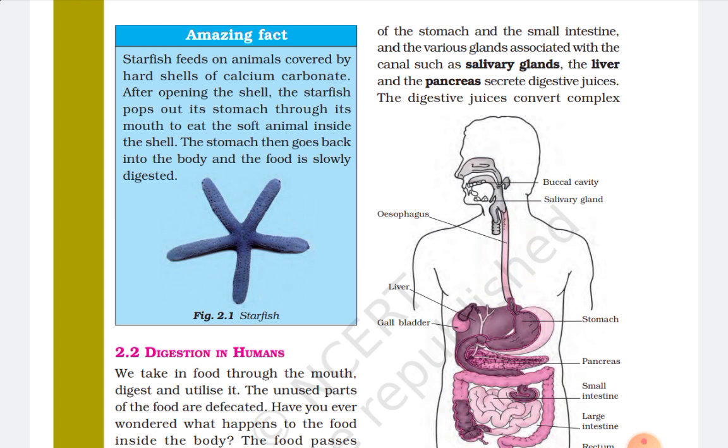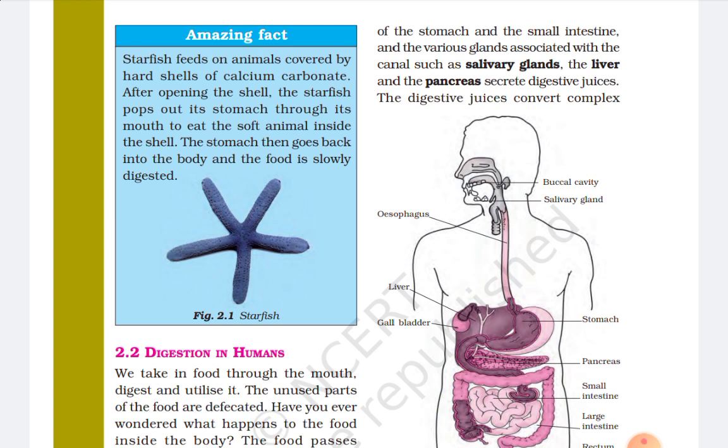Amazing fact: starfish feed on animals covered with a hard shell of calcium carbonate. Calcium carbonate is a very hard shell that covers the animal. Now you will be thinking, how do they eat food? They just throw their stomach out of their mouth and let the stomach do all the processes and take the food inside.